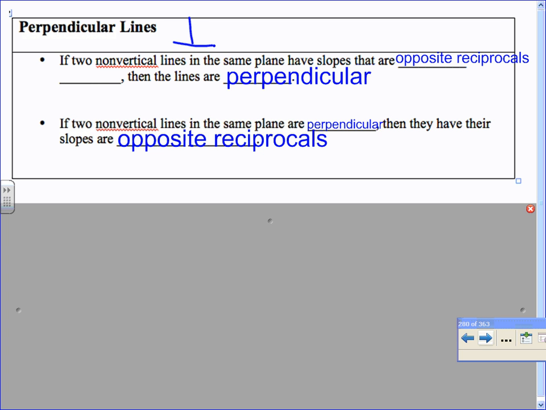And the second part says, if two non-vertical lines in the same plane are perpendicular, then their slopes are opposite reciprocals. Perpendicular lines always have opposite reciprocal slopes. When you write that, I want you to go to 7A, the last one we're going to do today.